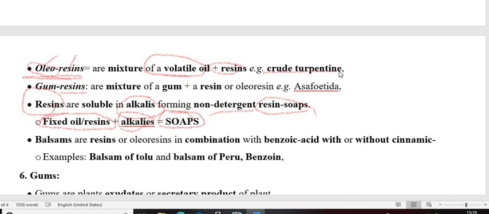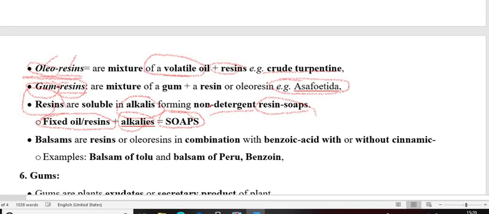Next is the gum resin. So what is gum resin? Gum mixed with resin is called gum resin. An example is asafoetida.